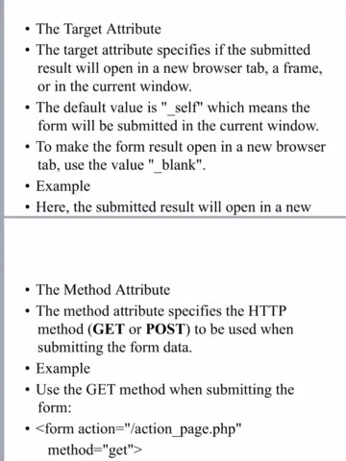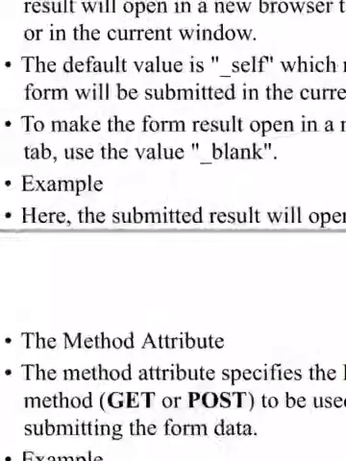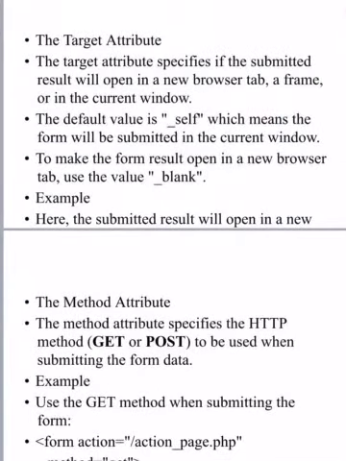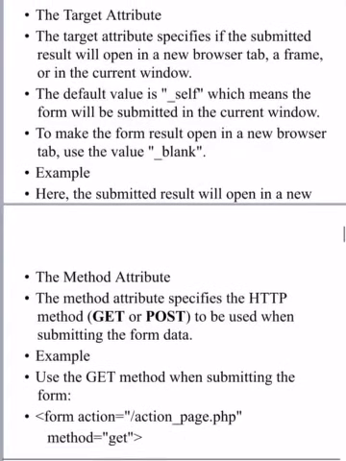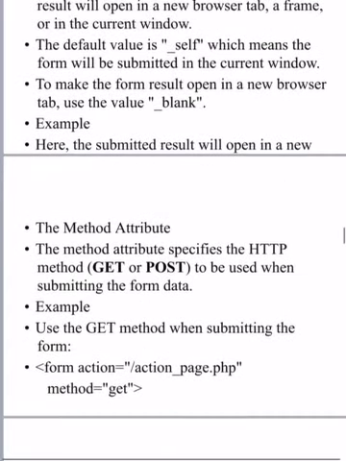In the previous video we also saw some target attributes. If you use _blank, it will open in a new tab or a new window. If it is _self, or even _top, it will open in the same window.